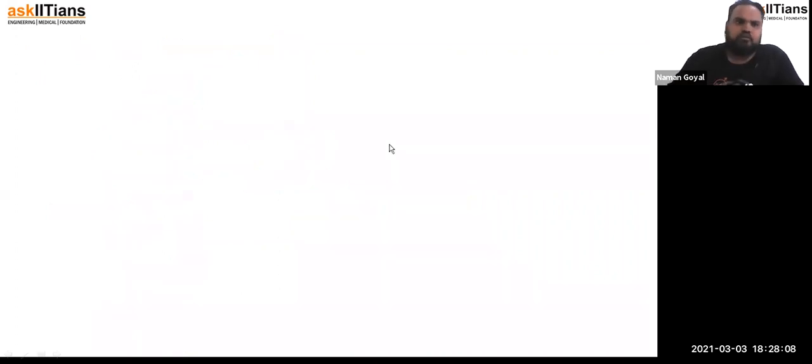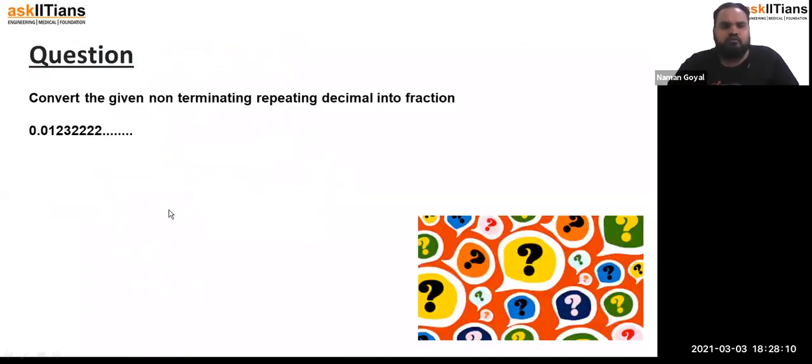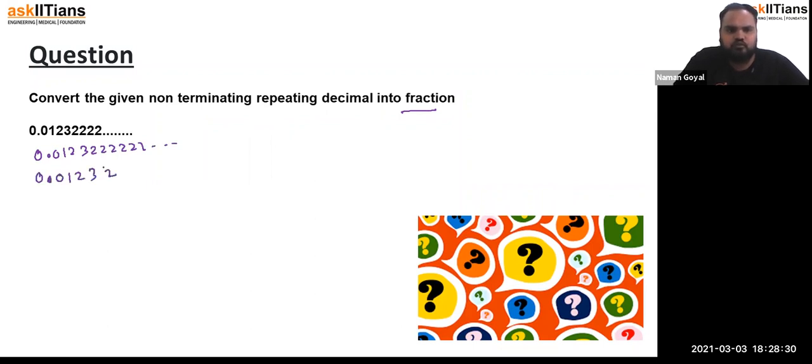Okay. Now there is a question we have to do. Convert the given non-terminating repeating decimal into fractions. So what we have 0.01232222 and so on. Now if you see, this can be written as 0.01232 bar.